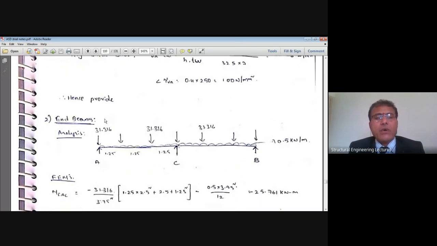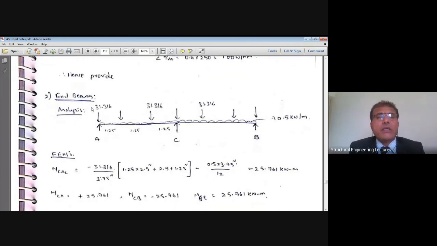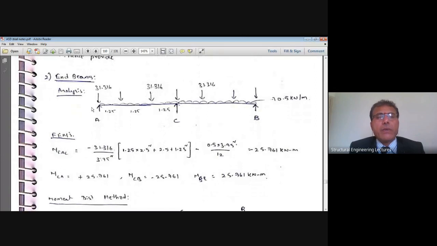Likewise, I am skipping the other checks: check for buckling, check for crippling, and check for deflection. We must do even these three checks, which I am skipping. I'll demonstrate that in another problem or in another video.